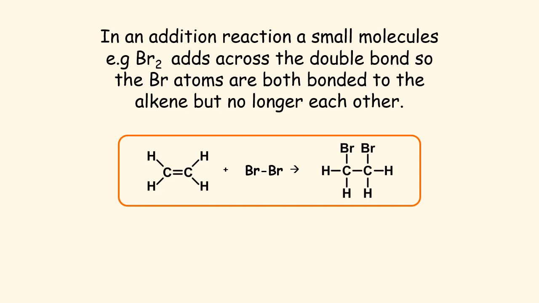So we end up with each carbon atom having only single bonds. Each carbon is bonded to 2 hydrogens, to 1 bromine, and then also to 1 carbon.